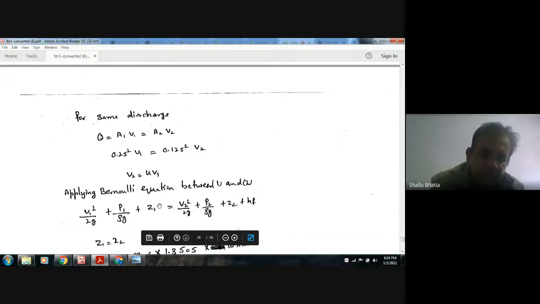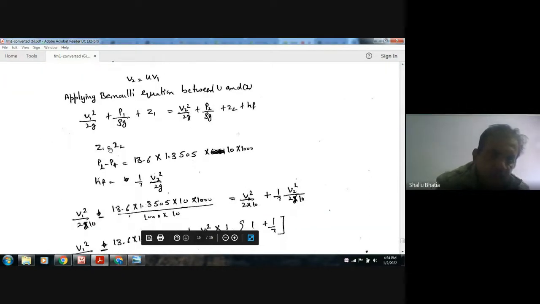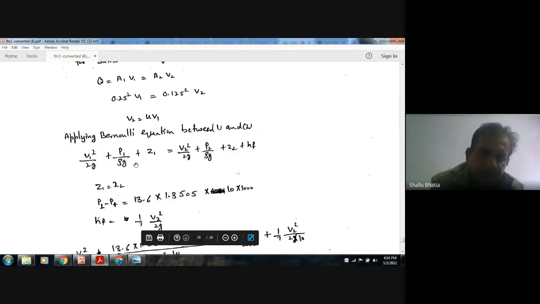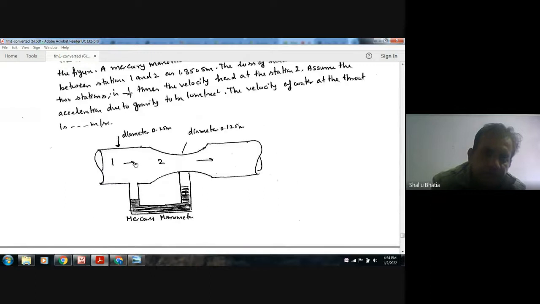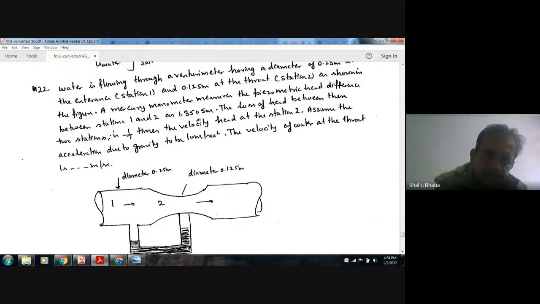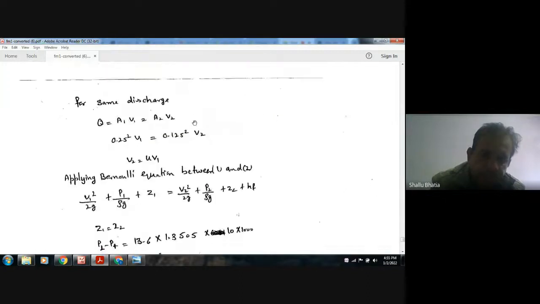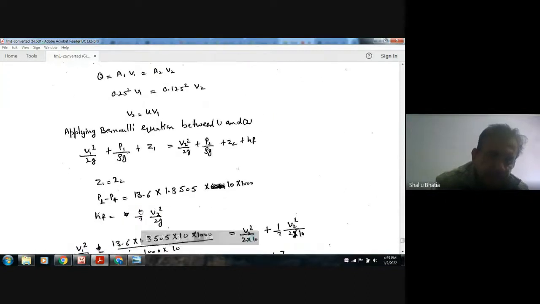Now P1 minus P2 is given by the piezometric head difference 1.3505, so this will be rho m g h, in Newton per meter square.